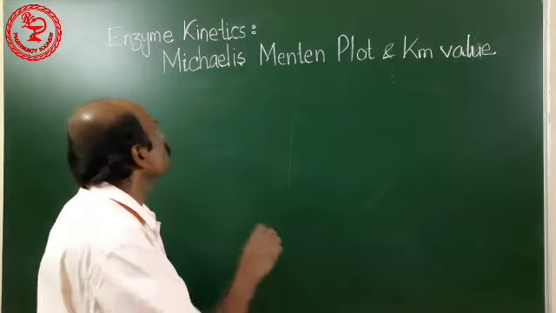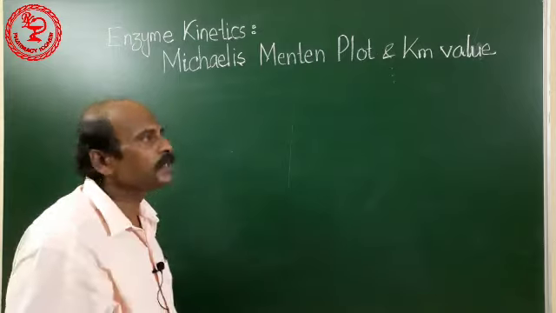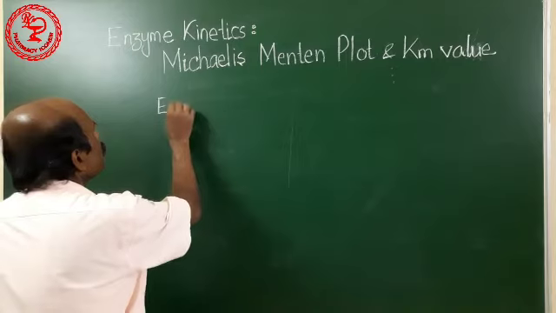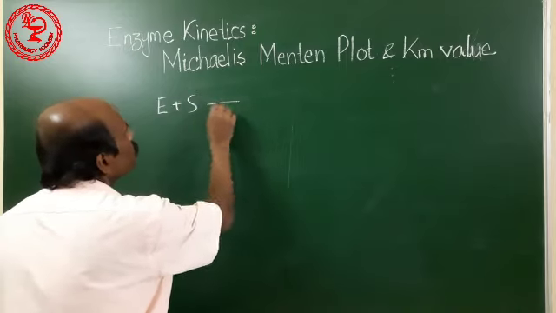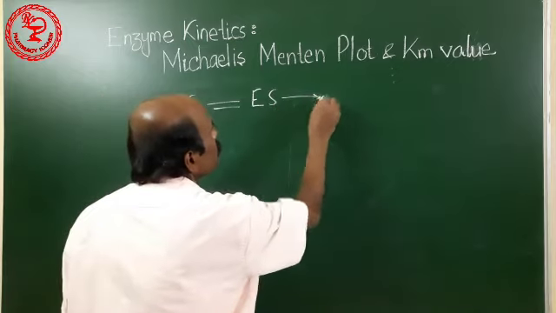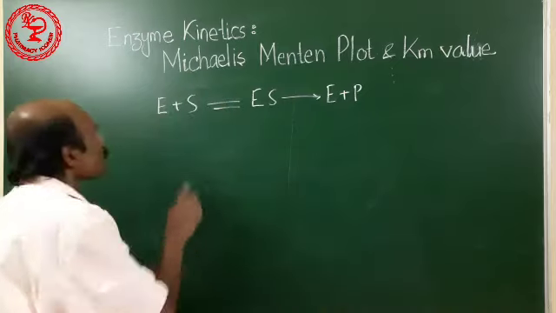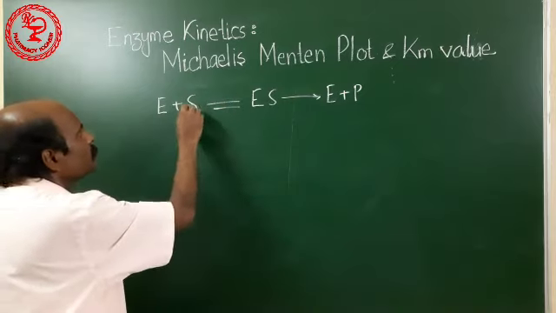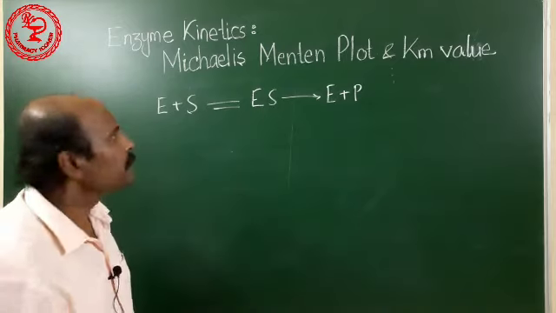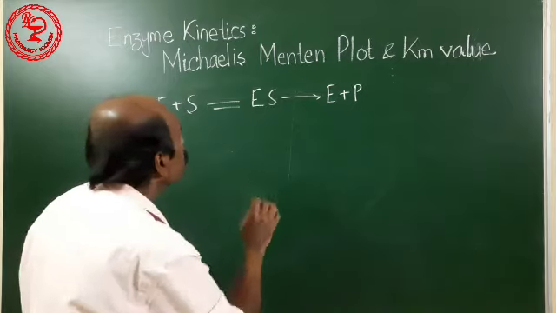You know, the Michaelis-Menten equation arises from the general equation of enzyme action, that is E plus S gives ES, which gives enzyme plus product. Enzyme and substrate combine with each other to form the enzyme substrate complex, then the enzyme substrate complex produces the product.